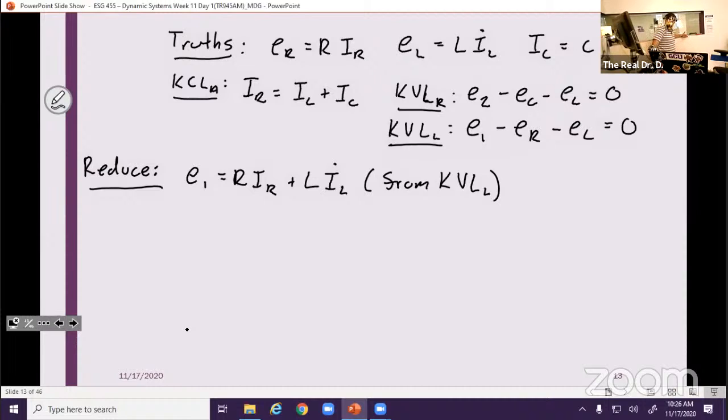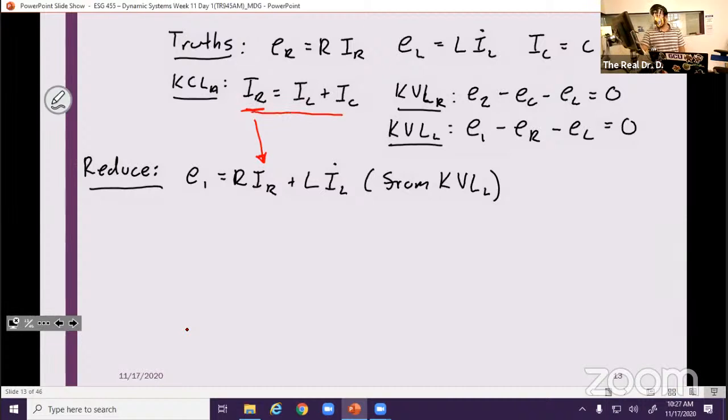Okay. All right. So now I'm going to take this KCL at A and I'm going to substitute in for IR. I'm going to take this right here and plug it in down here.